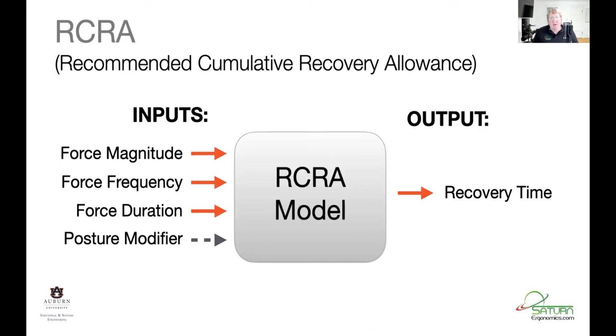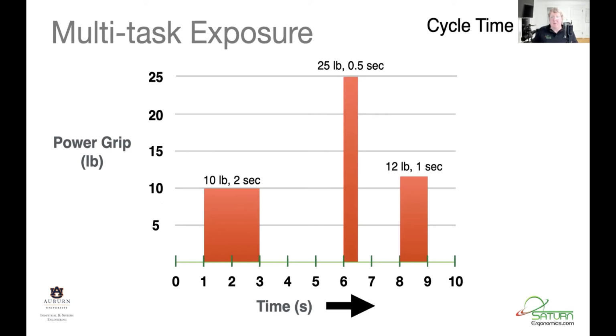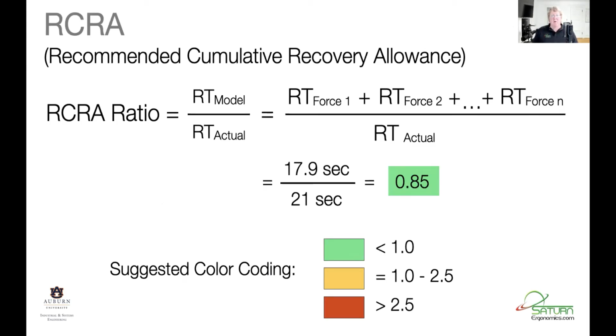But now the RCRA, the recommended cumulative recovery allowance, this is basically a derived model from Dr. Potvin's MAE equation. What this does, if we know the force's frequency, magnitude, and duration, we can calculate a recovery time. So typically, if we had multiple forces, different durations, different magnitudes, we would calculate a recovery time for each force.